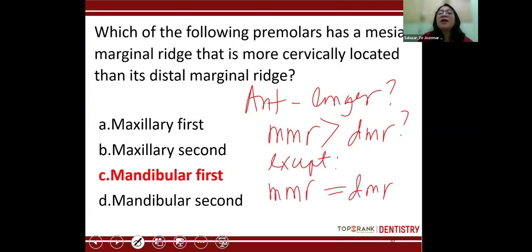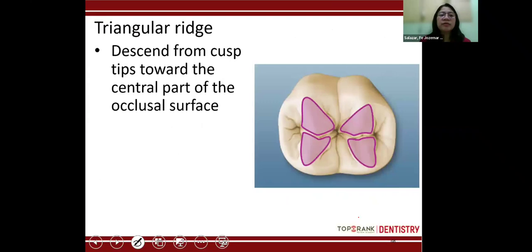Same length. Anong anterior tooth yan? Ano yung sabi natin? Bilaterally symmetrical? What tooth is that? Yes, very good. Your mandibular central incisor. Okay, but all the rest of your anteriors would have a longer mesial marginal ridge than distal marginal ridge.